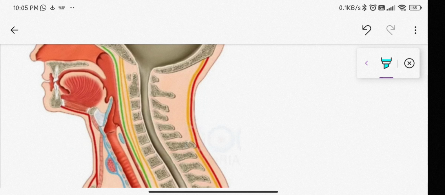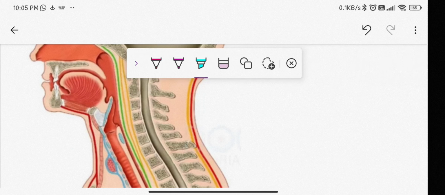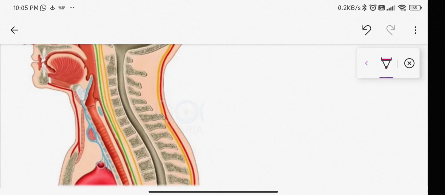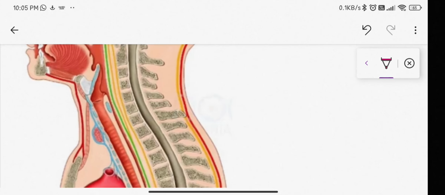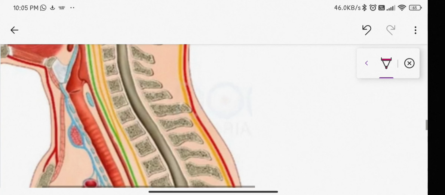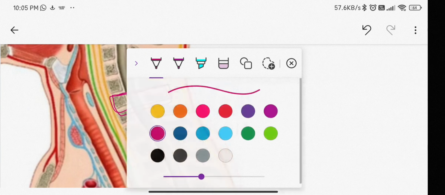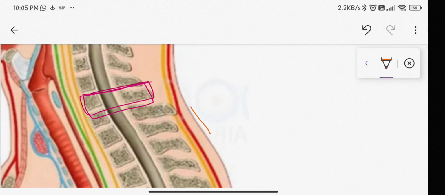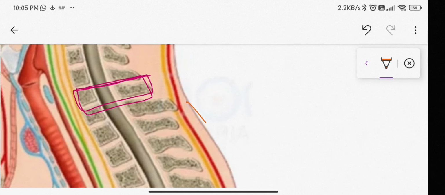In AIIMS as well, they labeled the different layers and asked which one is the danger space, which one is the retropharyngeal space, which one is the alar fascia. So we need to appreciate every layer. You can appreciate here, this whole thing is the vertebra, the cervical vertebra, and next you need to understand this one is the skin.